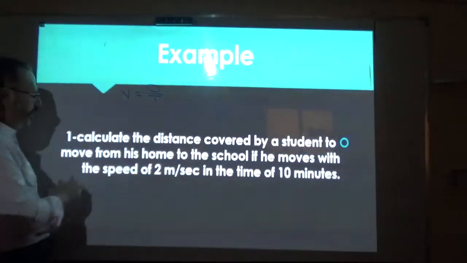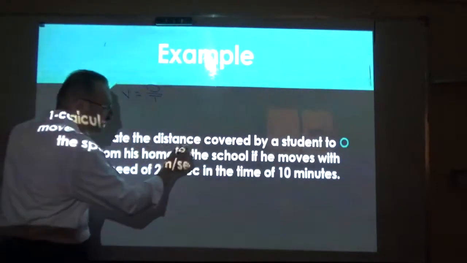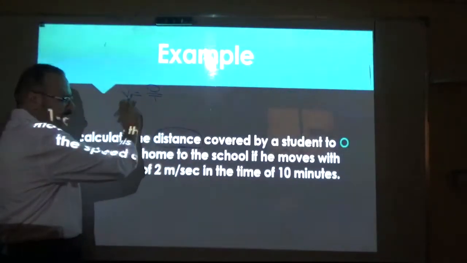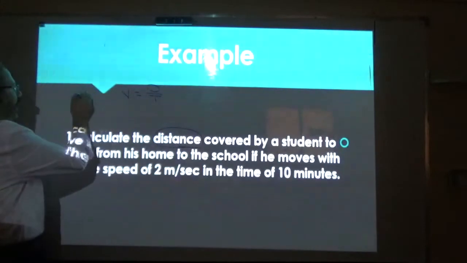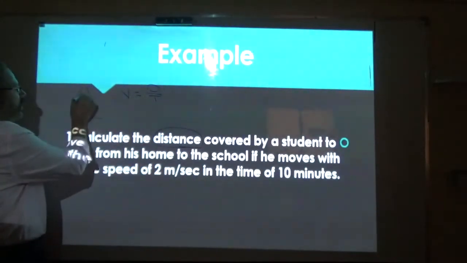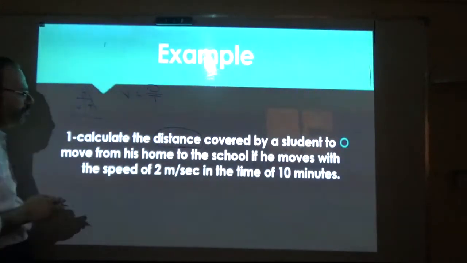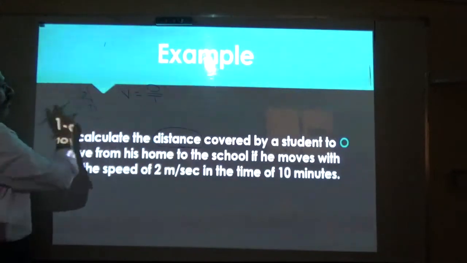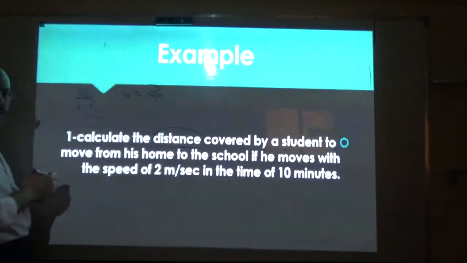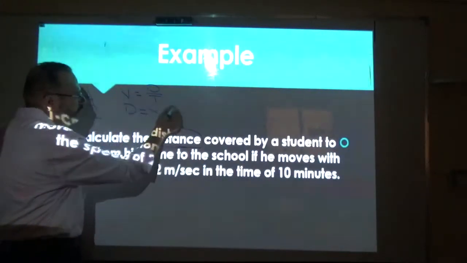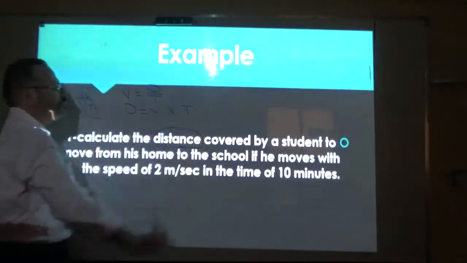So he asked me to calculate the distance. So in this rule, we can make a triangle. V equals distance over time. He asked me to calculate what? Distance. So the distance equals V multiply T.